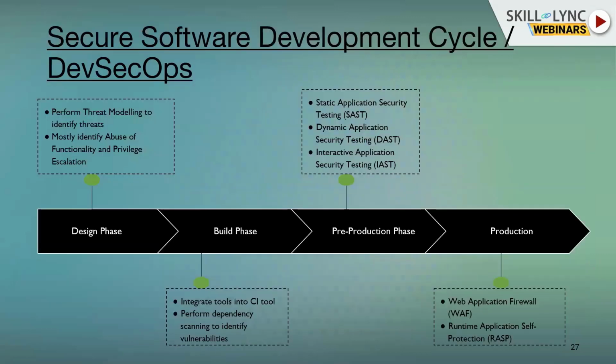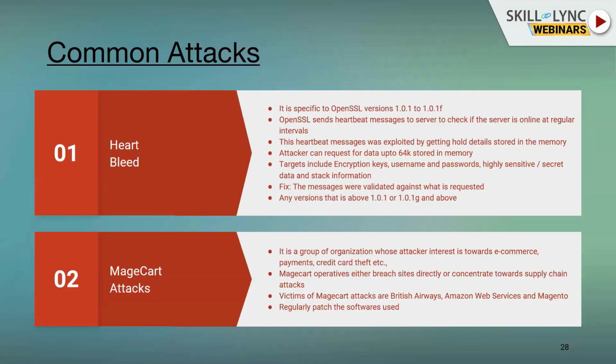And MageCart is a typical scenario where a group of attackers were trying to use MageCart attacks on the client side. An organization works as a platform, and some of the smaller companies use their platform to develop their applications.